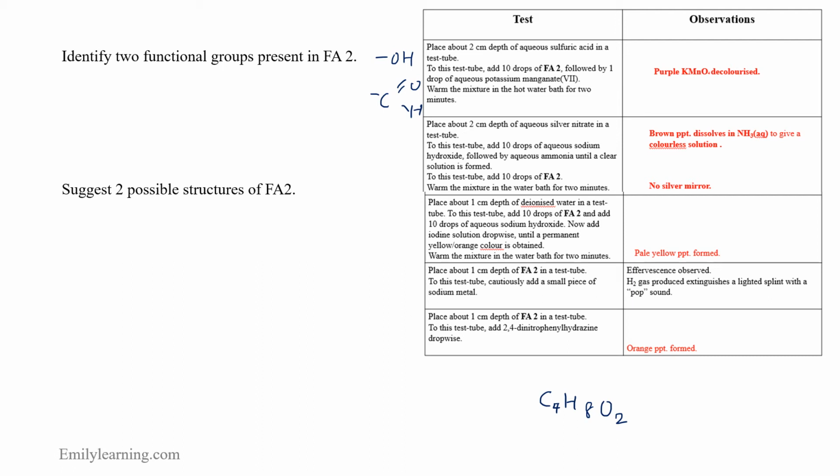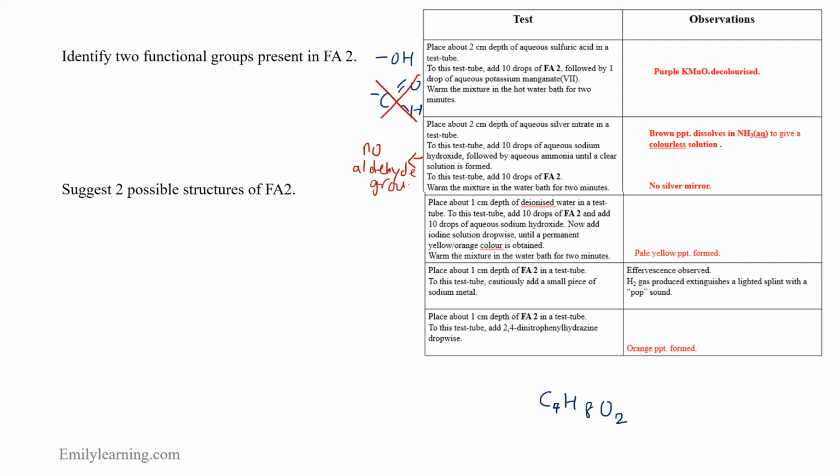Okay, so once I'm done with this, next let's look at the second one. We are testing Fa2 with Tollens' reagent, and I did not get any silver mirror. So if there is no silver mirror, it means that no aldehyde group is present. So let me cancel away the aldehyde group, because this tells us that there is no aldehyde group.